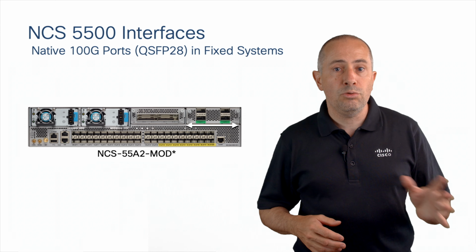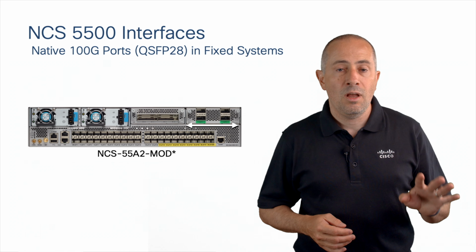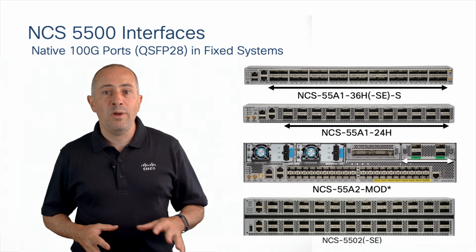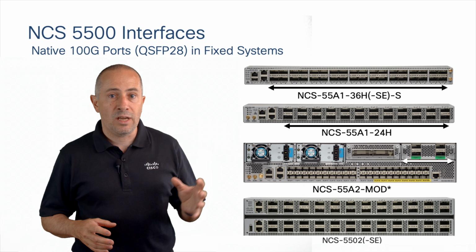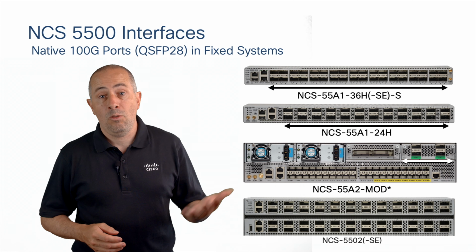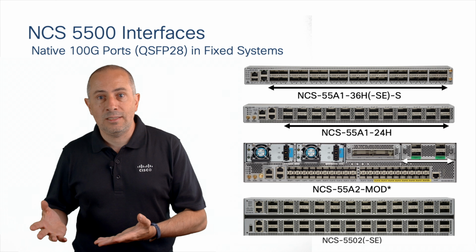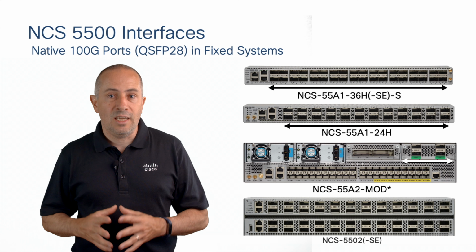I can plug 2 of them, and at best, it will give me 4 ports 100 gig each, total 8 times 100 gig. But also we have platforms with exclusively 100 gig ports, like the 55A1 24H, offering 24 ports, the A1 36H, 36 ports, and the 5502, that's going to give me 48 ports.